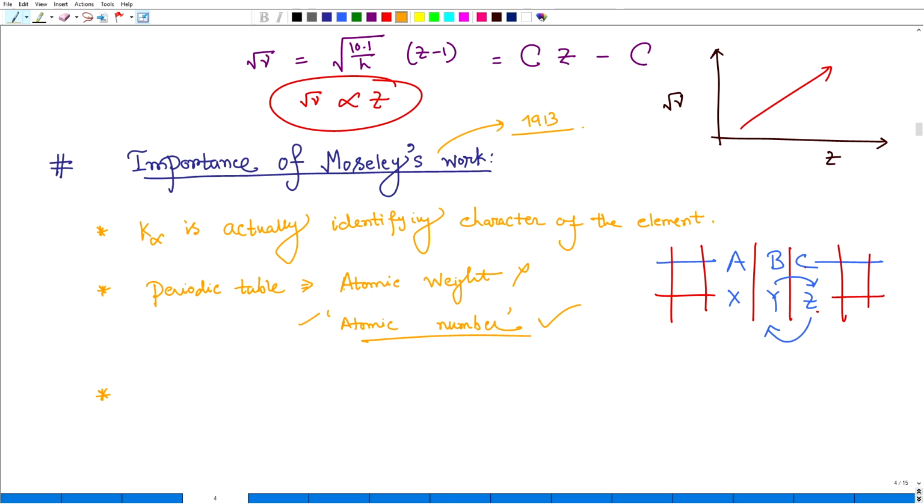If you arrange those elements by atomic number, then you can only observe that.